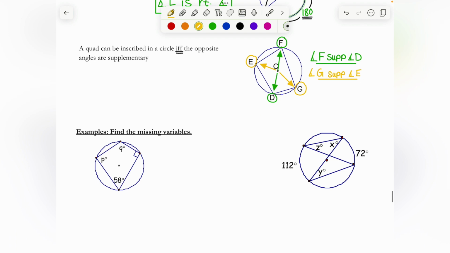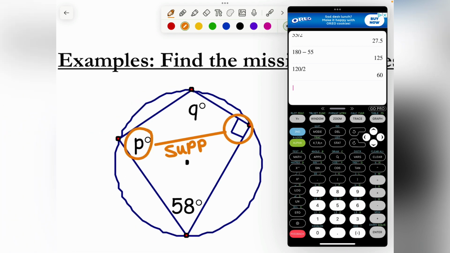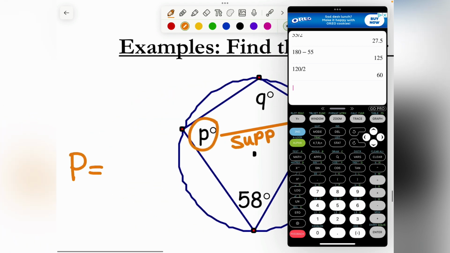Using those theorems, let's do a couple examples. So for this first one, I know that the opposite angles, so angle P and angle, this one, it's not labeled, those are going to be supplementary. So if I know that this one's 90 degrees, then I also know that P has to be 90 degrees. Because they have to add to 180.